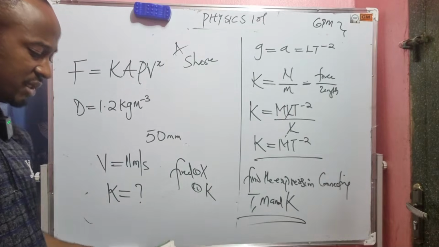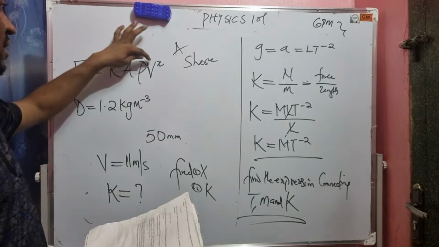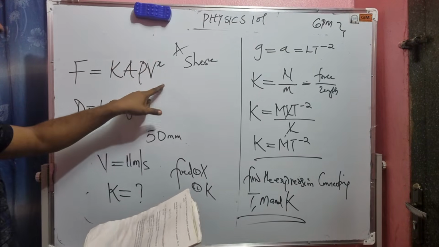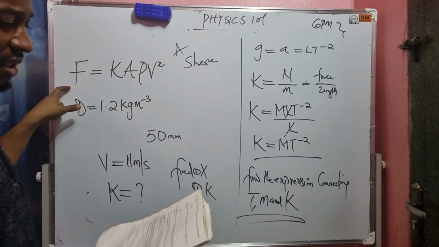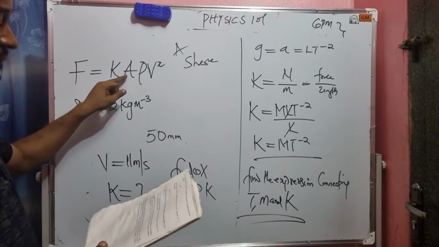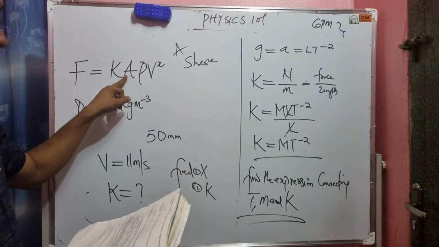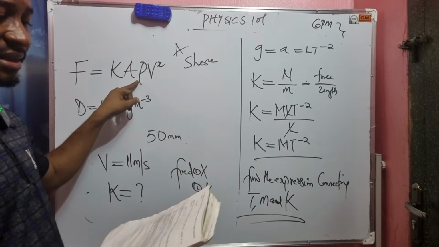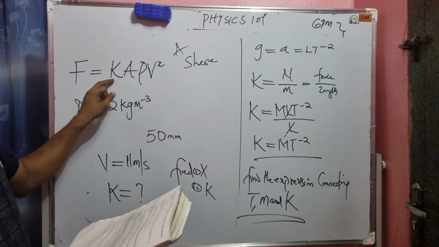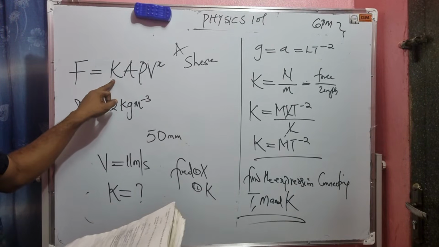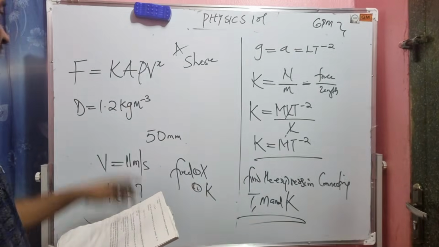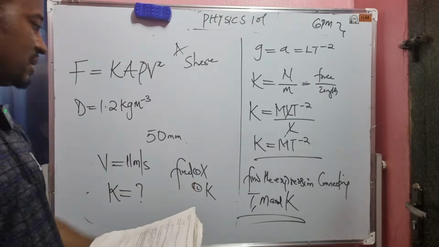The question says a body moving through air at a high speed, v, experiences a retarding force given by this, where A is the surface area of the body, rho is the density of the air, and K is the numerical constant. Deduce or find the value of x. That was the first question.